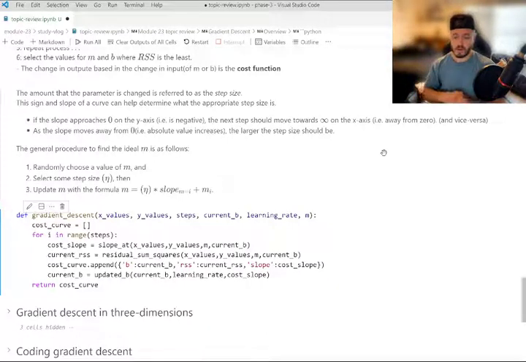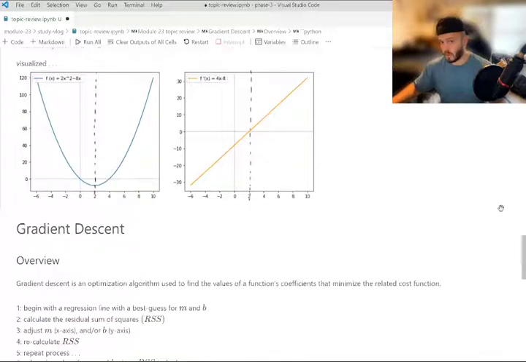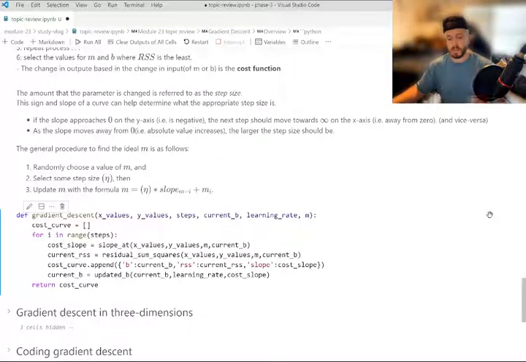And vice versa. If the slope approaches infinity on the y-axis, then the next step should move towards 0, right? A fancy or mathematical way of saying, if the slope is going this way, you want to move to the right. If the slope is going this way, you want to move to the left. And again, when you start working with higher dimensional data sets, that's not something you can really visualize, so you have to be able to do it mathematically.